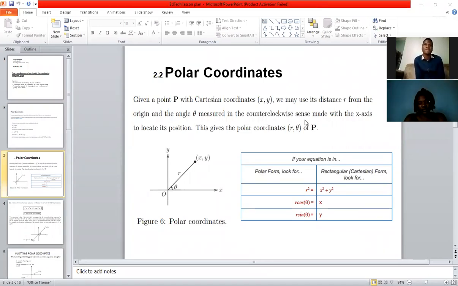Okay. Now, as I was telling you, the R distance in the polar form. If your equation is given in polar form, it will be R squared. Looking for the Cartesian form, it will be X squared plus Y squared.